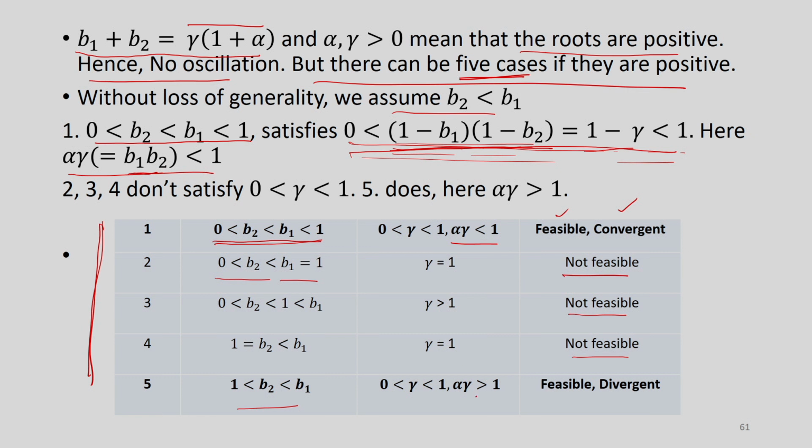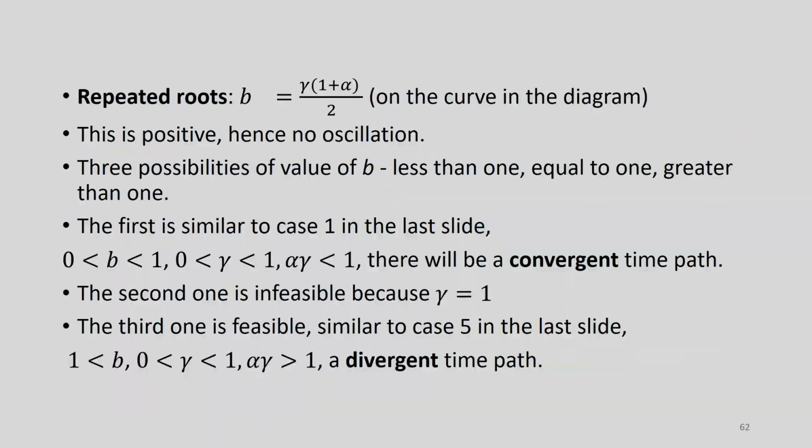However, in this case alpha multiplied by gamma will be greater than 1, because B 1 B 2 will be greater than 1. So, this is the case where there is going to be divergence, because both the roots are greater than 1. So, here from the first case of real and distinct roots, we are getting two possible cases. In one case there is convergence and in the other case there is divergence.